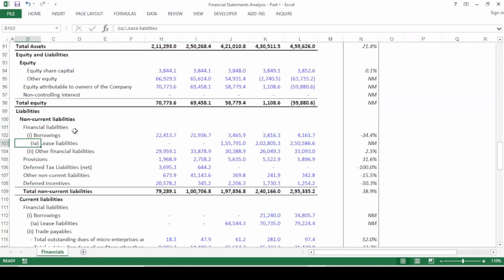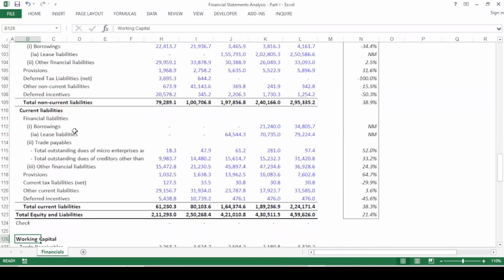The same goes for the lease liabilities. Then we have certain provisions, the tax liabilities, the financial liabilities. So financial liabilities might consist of the current maturities of the long-term debt or the interest that is accrued but not due. So these sort of things.